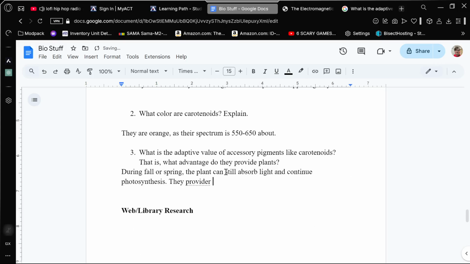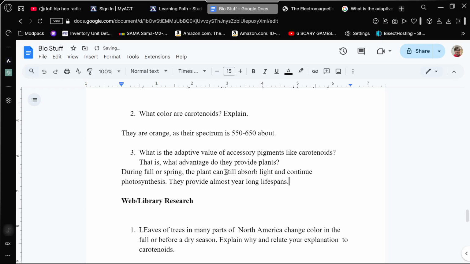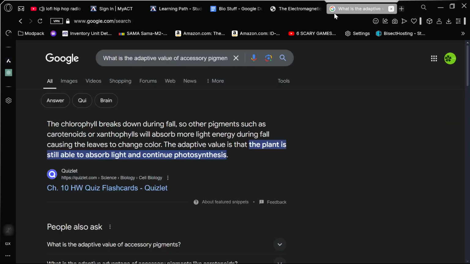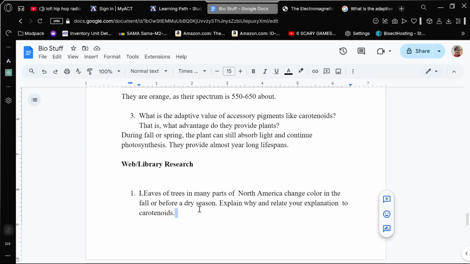They provide almost year-long lifespans. So basically, carotenoids allow leaves and plants to turn orange in the fall. That way they can still live.